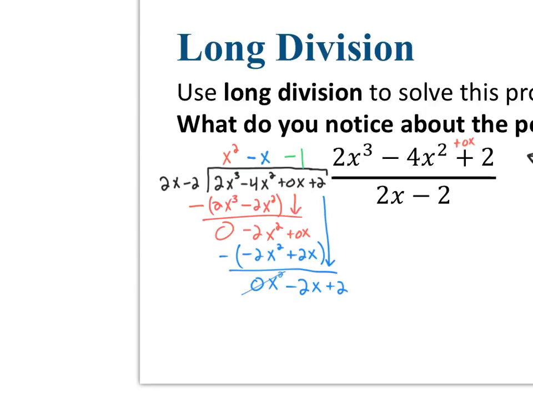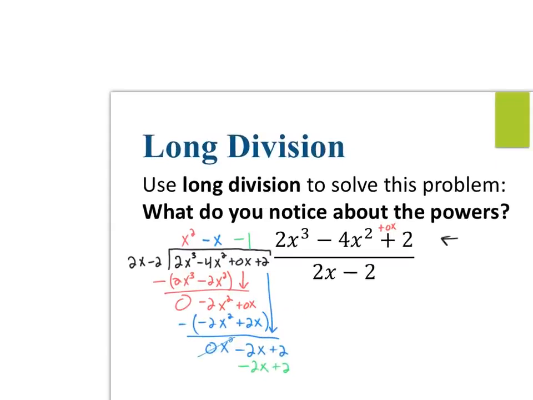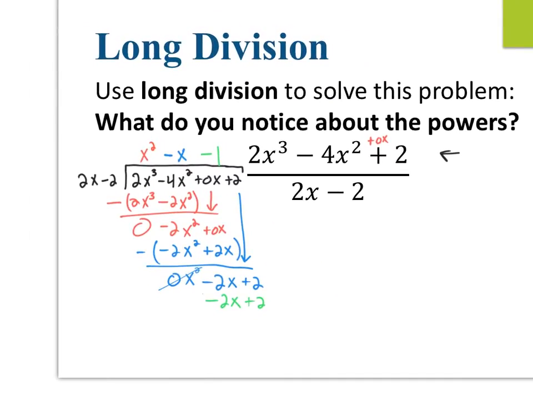Negative 1 times 2x is negative 2x. Negative 1 times negative 2 is positive 2. When I subtract everything, negative 2x minus negative 2x is 0. 2 minus 2 is 0. I have no remainder. My final answer is this stuff that's on the top of this division problem.